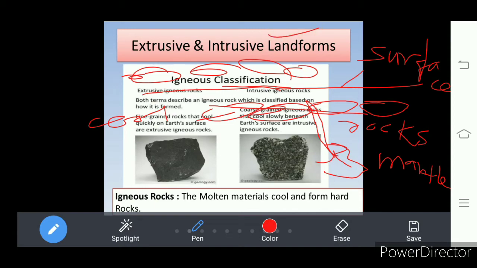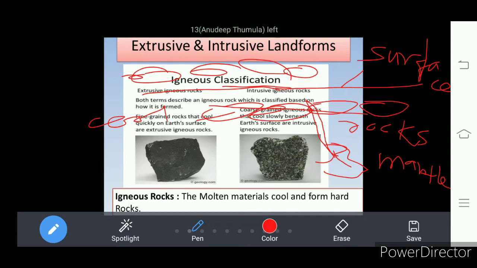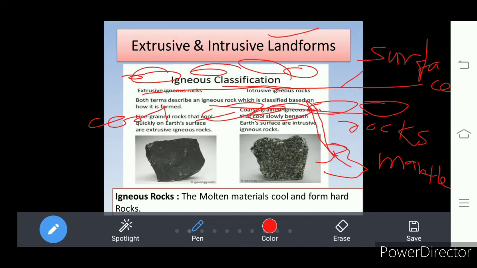Understand? These are usually covered with older rocks. Sometimes they are exposed, and due to erosion they may come out also. So what is erosion? We will discuss that.